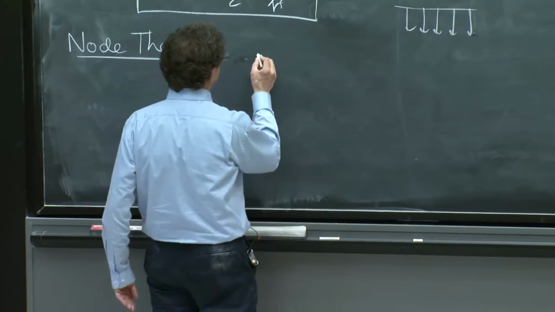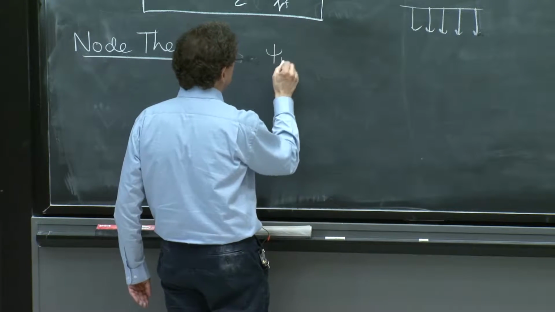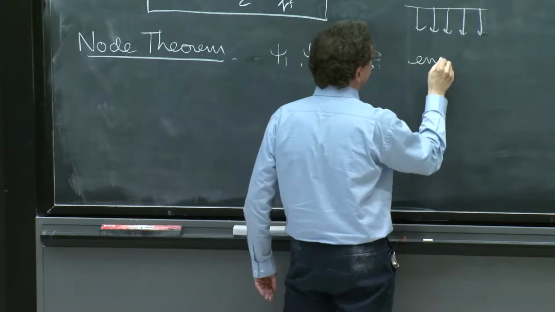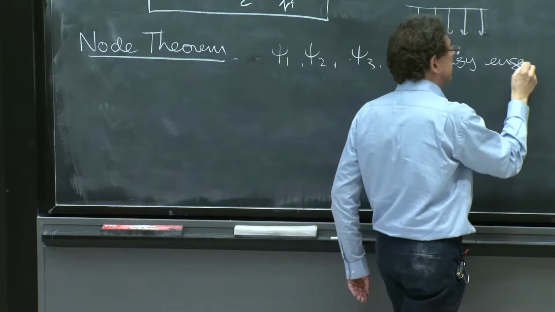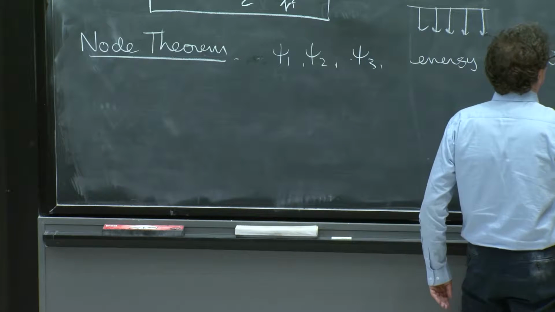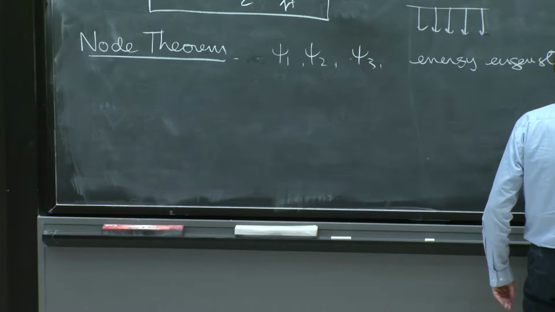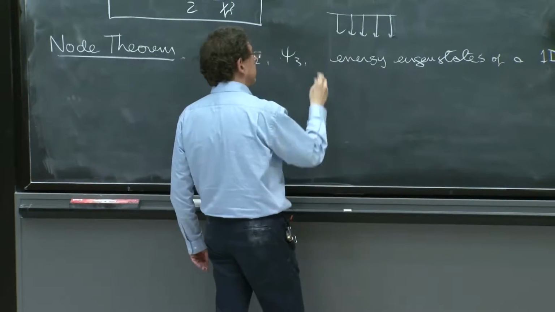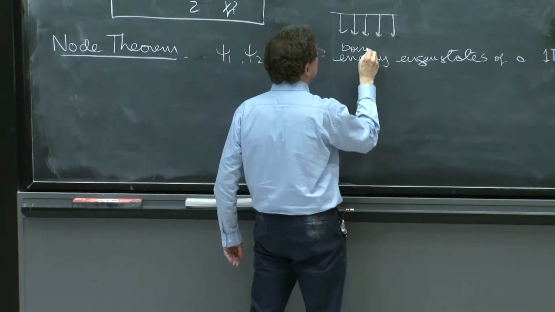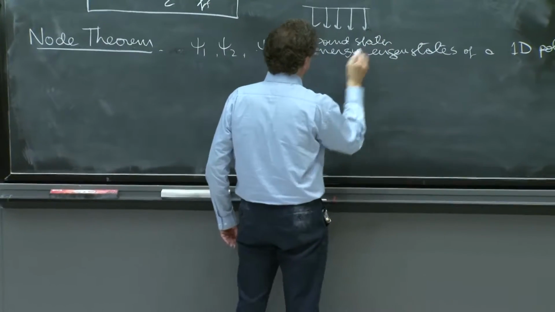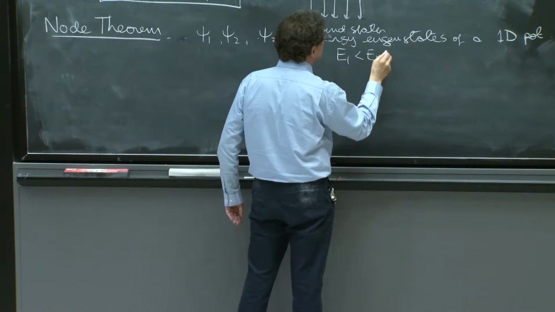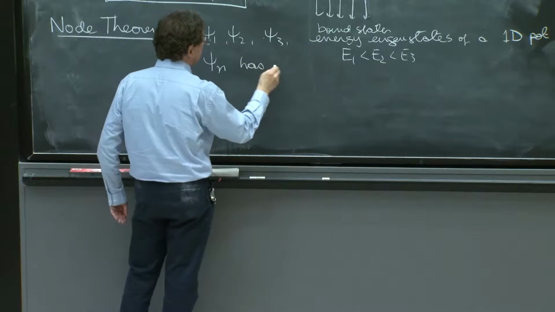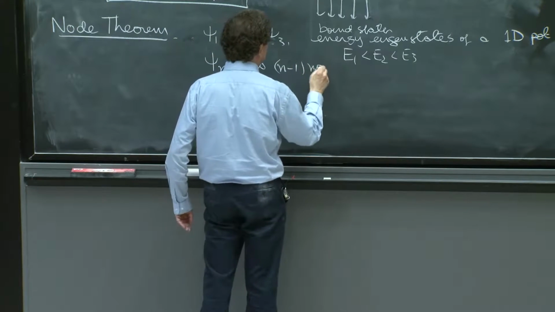The node theorem is: if you have psi1, psi2, psi3, all energy eigenstates of a one-dimensional potential, bound states, with energy E1 less than E2 less than E3, then psi n has n minus 1 nodes.